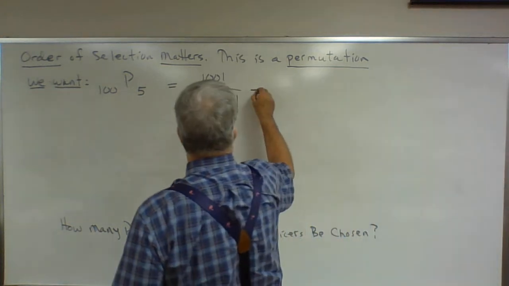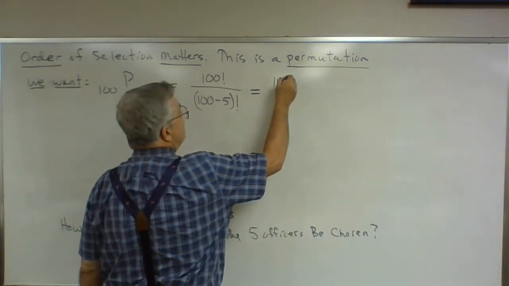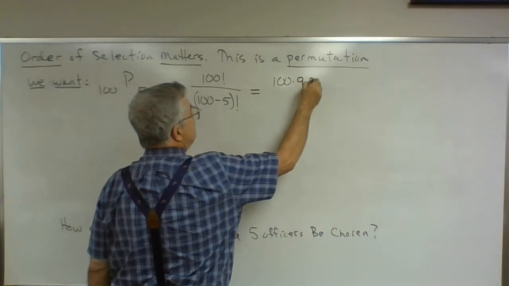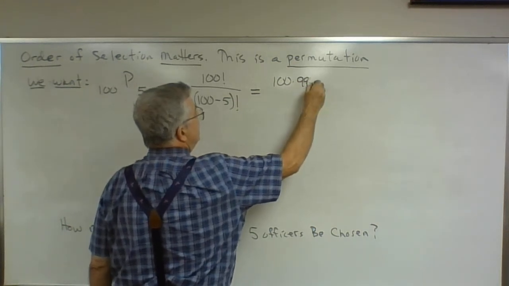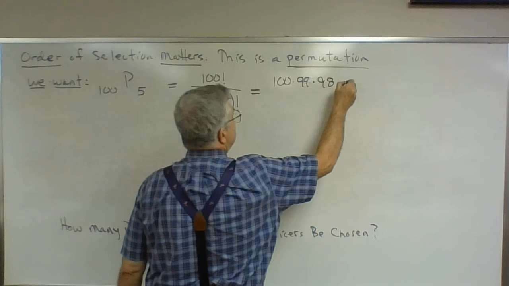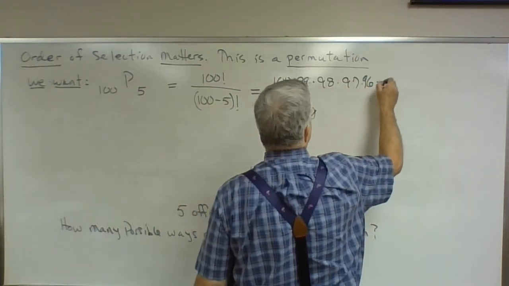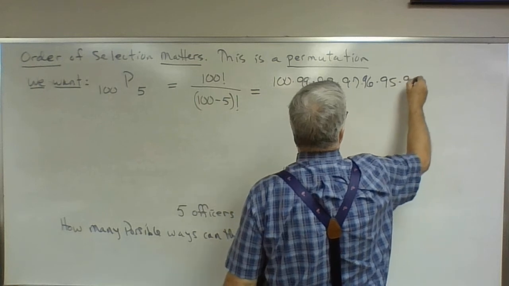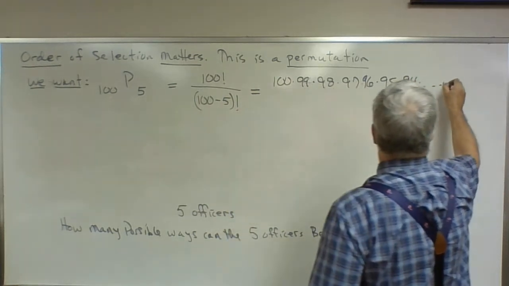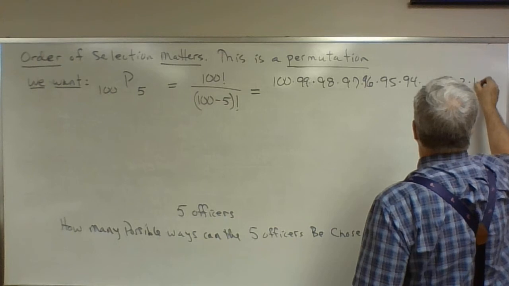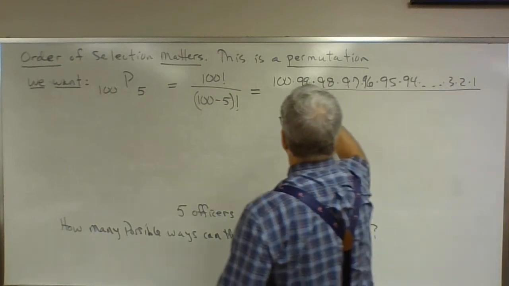Now, if you don't have the calculator handy, 100 factorial is 100 times 99 times 98 times 97 times 96 times 95 times 94. That's 100 factorial.